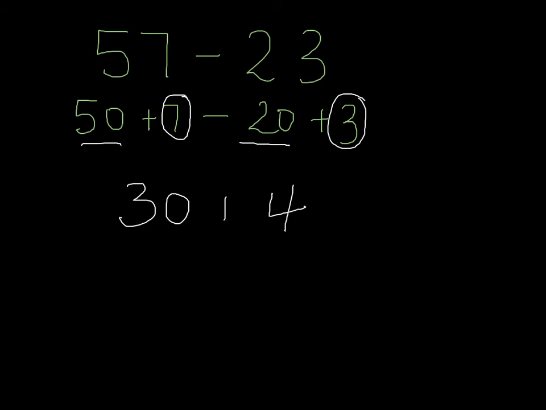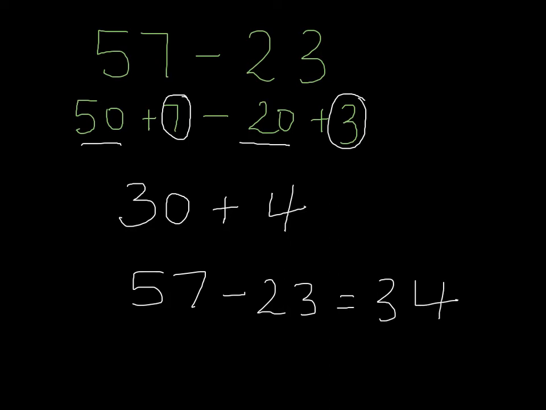So when I add 30 and 4 back together, my answer to 57, take away 23, is 34. Now that wasn't so hard, was it?